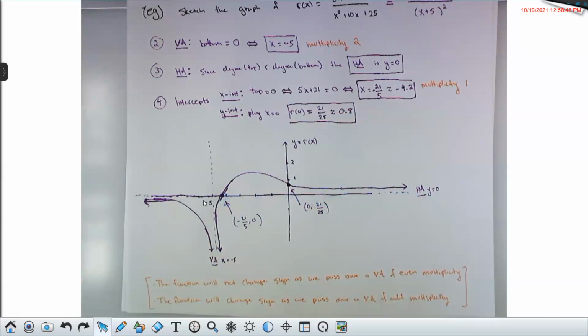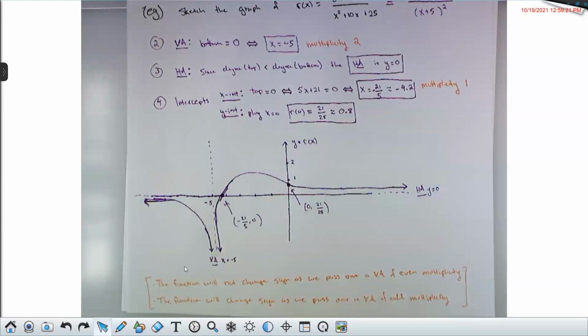And if we asked, where is this function negative, we would say from -4.2 to -5, and from -infinity to -5, these 2 intervals. So you can see solving the inequality r of x is greater than 0 or r of x is less than 0 is really all about 2 features: the vertical asymptotes and the x-intercepts. Those are the only places where a rational function can go from negative to positive or from positive to negative.